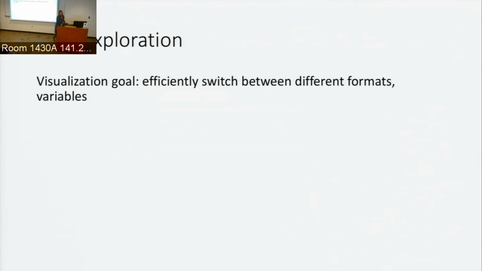So ggplot2 is very nice for this goal because once you have your template or formula for how to create your base map or base plot, you can very easily substitute different variables, different features, and very quickly iterate through lots of different data visualizations. Okay?